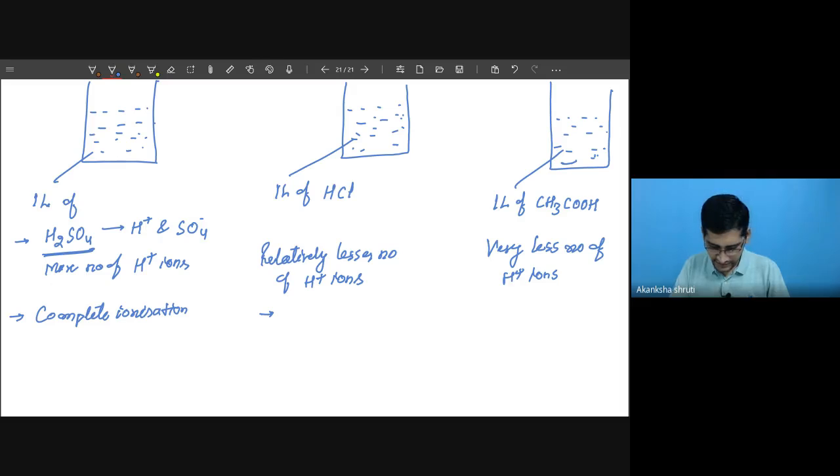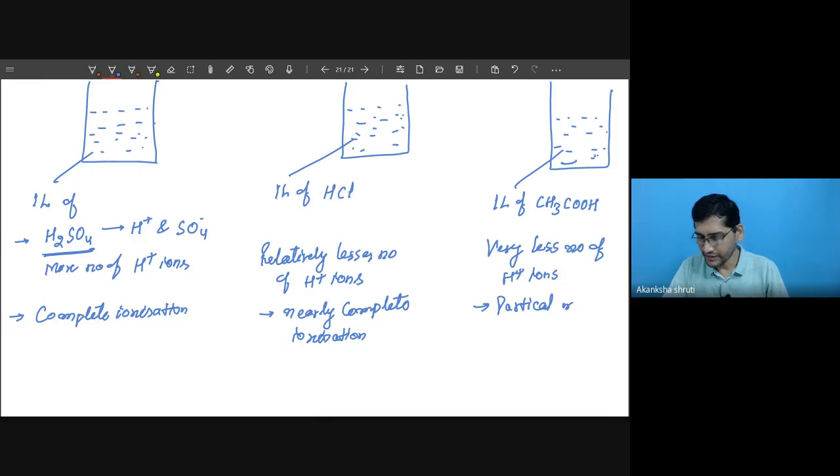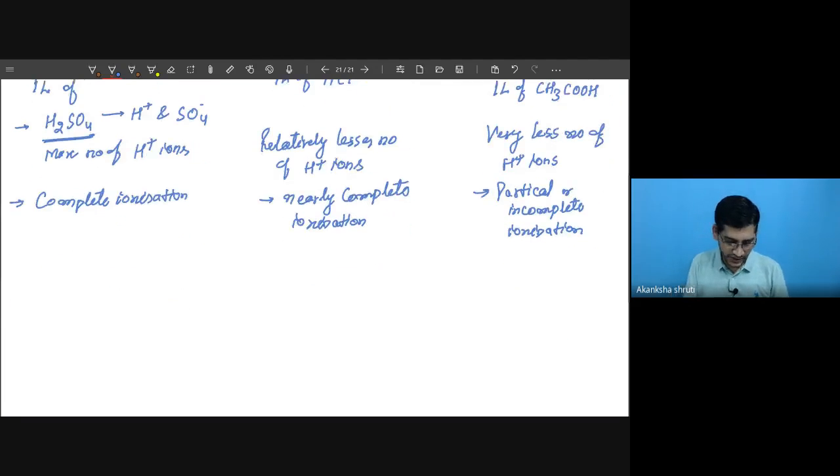So this is nearly complete ionization, but not the complete one. It is partial or incomplete or lesser ionization. Ionization means producing ions. The molecule gets disintegrated or broken into ions.